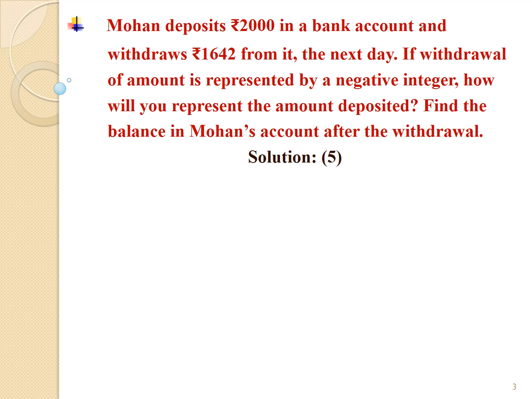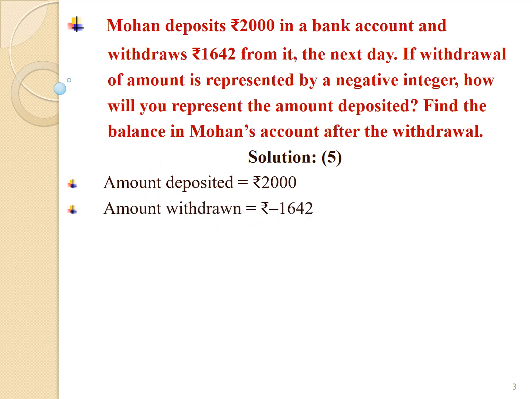Solution 5. Amount deposited equals rupees 2000. Amount withdrawn equals rupees minus 1642, as it is represented by a negative integer. So we wrote minus 1642.